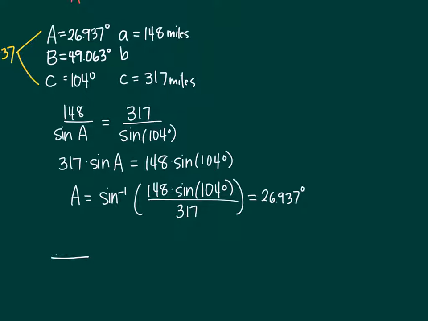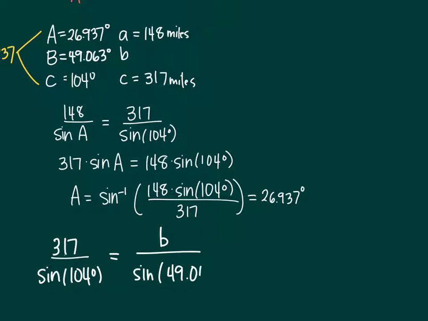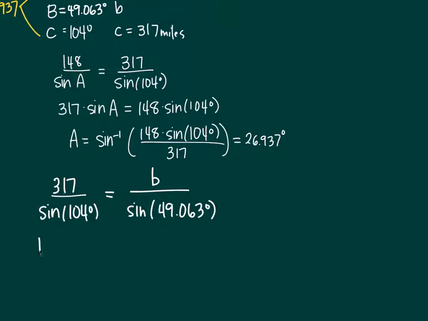I'm going to use the 317. So 317 over the sine of 104 degrees. And then I pair that with the B side that I don't know and the sine of 49.063. So I can cross multiply those, and I'll have B times the sine of 104, and 317 cross multiplied to the sine of 49.063.